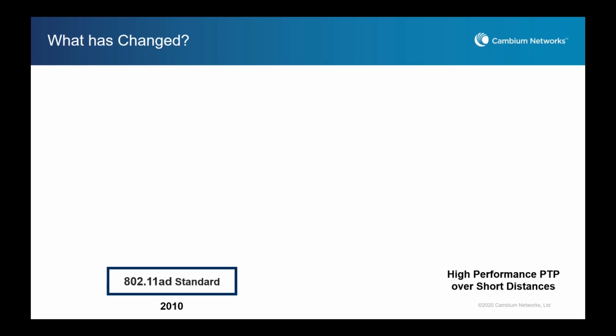So, what's changed? Cambium Networks started looking at 60 gigahertz back in 2010. This technology has been around, whether it's WiGig format or 11ad. But we felt at the time it just really wasn't right for us to focus on. The technology needed to evolve.